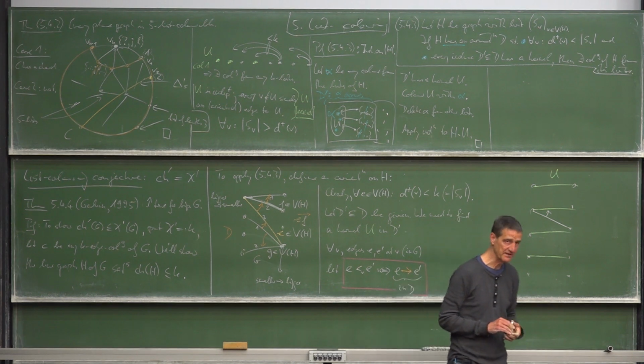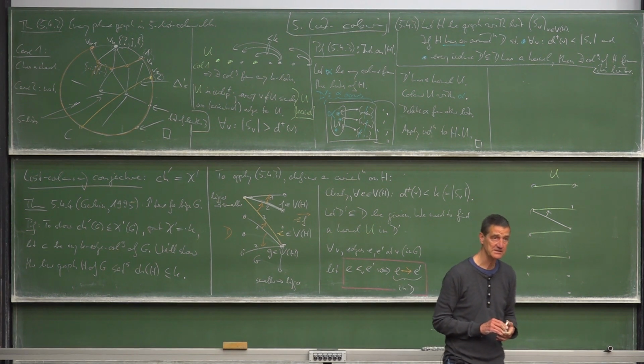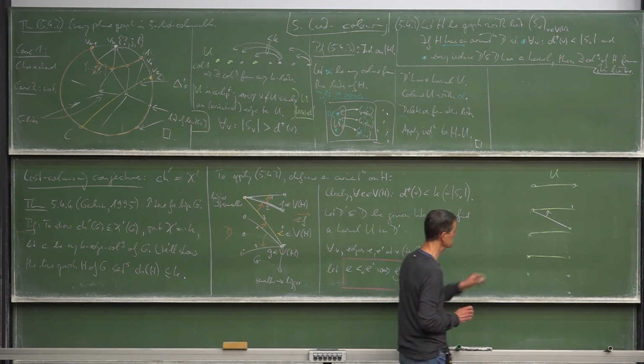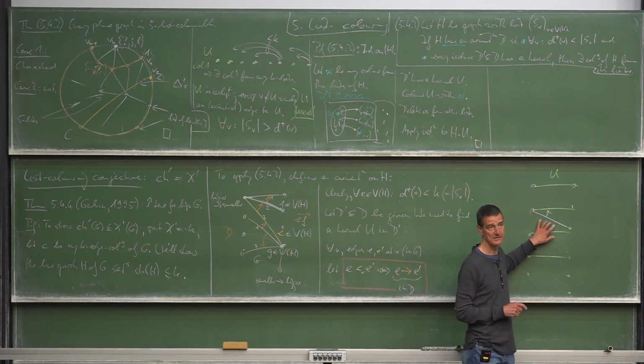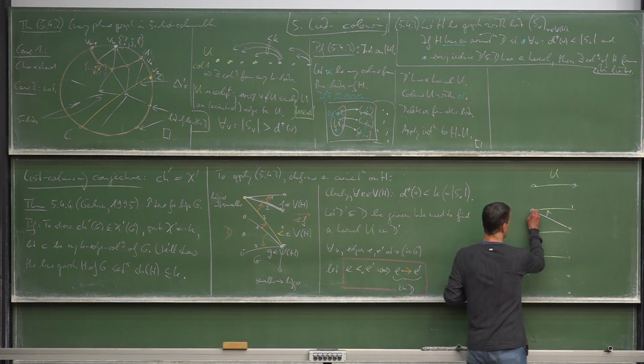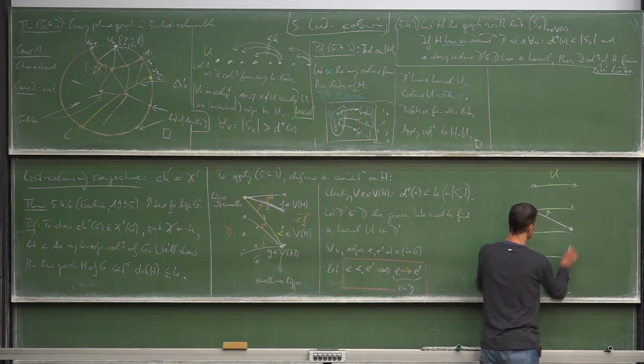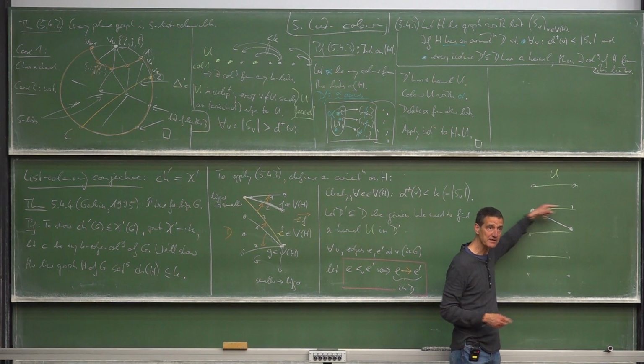Now, what does the stable marriage theorem tell us? It tells us that there are no subversive edges. When is an edge not subversive? If at least one of its ends is happier with its partner than with it.